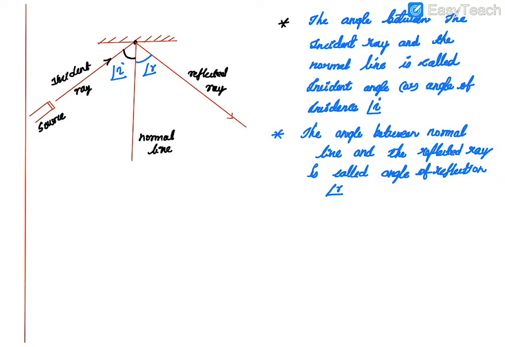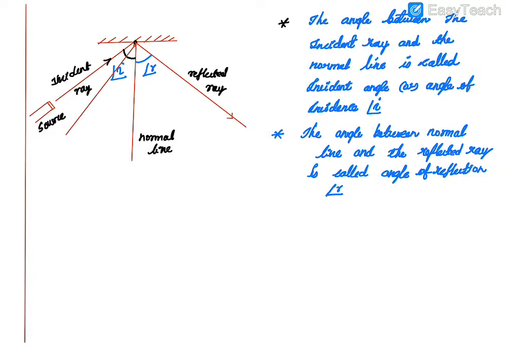See students, if you are changing that angle of incidence, placing the torchlight at various angles, for example 30 degree, 40 degree, 50 degree, 60 degree, then based on that incident ray your reflected ray will change. Now I have taken the torchlight here and I am focusing this point.